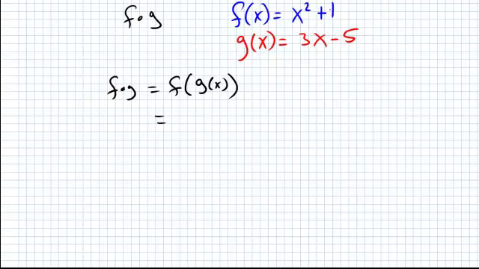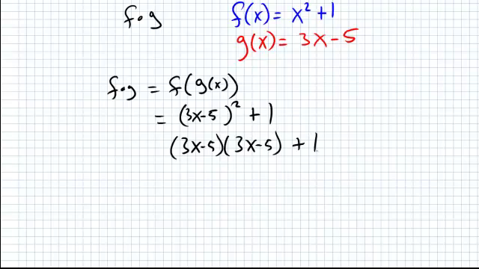My f function, wherever I see an x, I'm going to put a big parentheses squared plus 1. What goes in that big parentheses? 3x minus 5. And then I have to do some work. Whenever I square, I rewrite it twice. So this is 3x minus 5, 3x minus 5 plus 1.